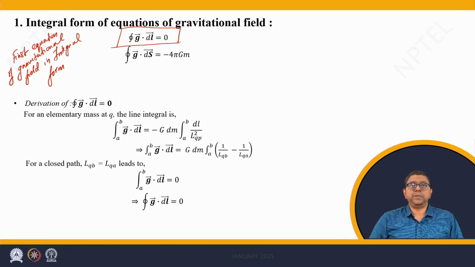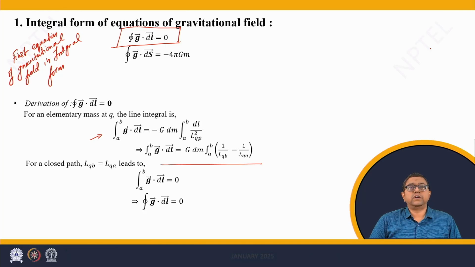What does it mean? This is the first equation of the gravitational field in integral form, that is, line integral of g dot dl equals 0.